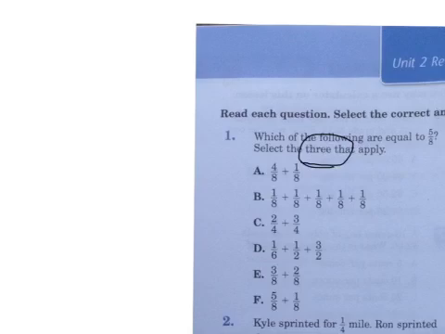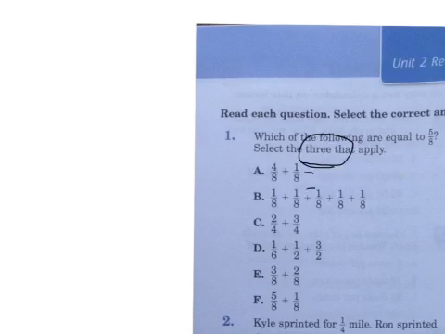We're going to have to work each and every one of these problems to see which one is going to equal 5/8. Okay, so let's start off with A. Let's look at this. We know that the denominators are the same, so all we're going to do is add.